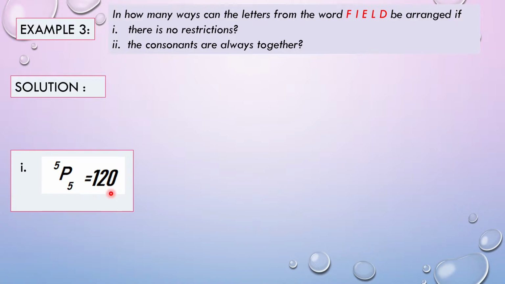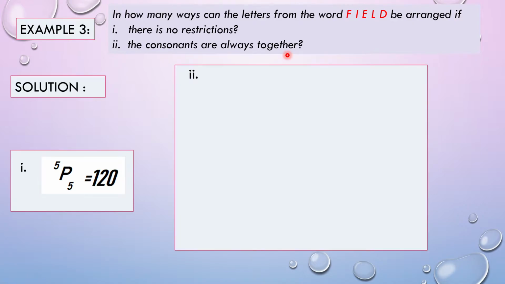Next, question 2. If the consonants are always together, we want the consonants to be together. The consonants for this word are F, L and D. Let's see the arrangement. It can be arranged as this, so we want to make sure that the consonants are together.